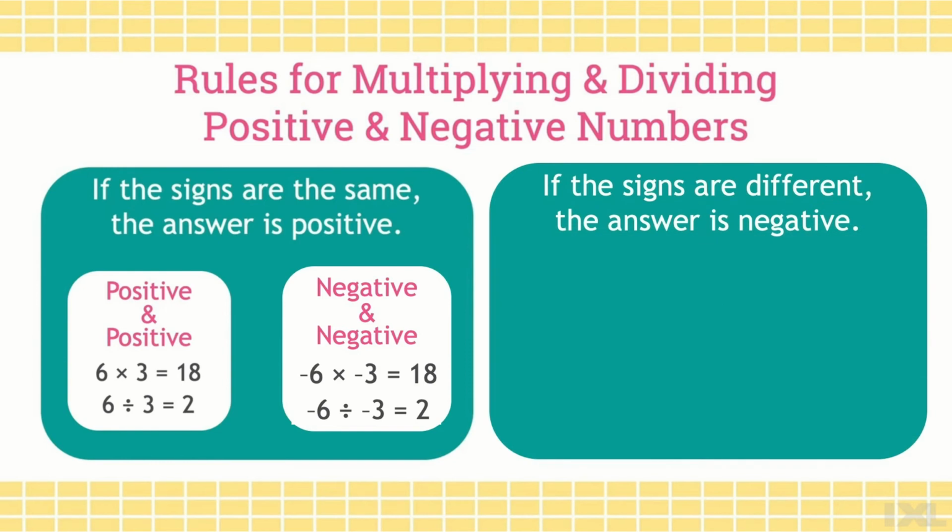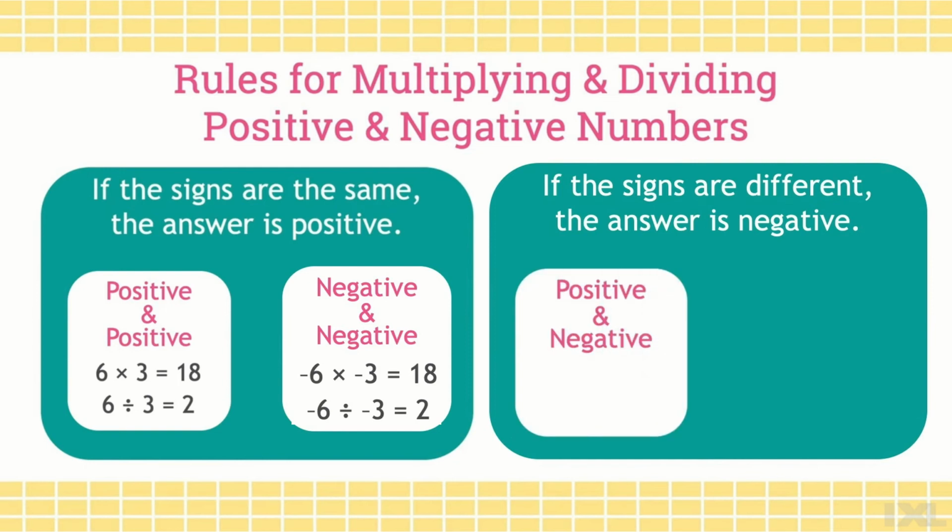And the second rule: if the signs are different, the answer is negative. For example, if you have a positive number and the second one is a negative number, the result would be negative.